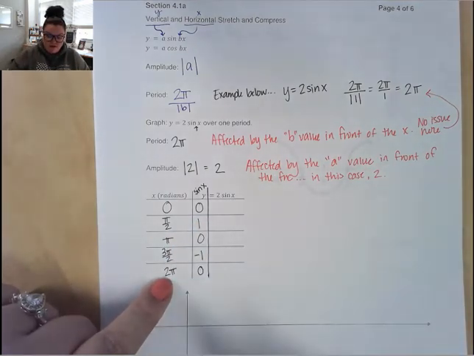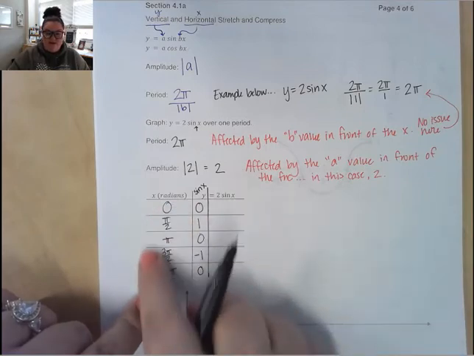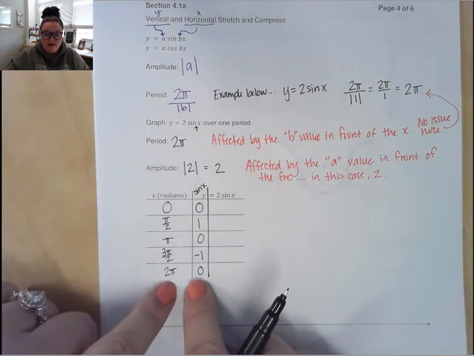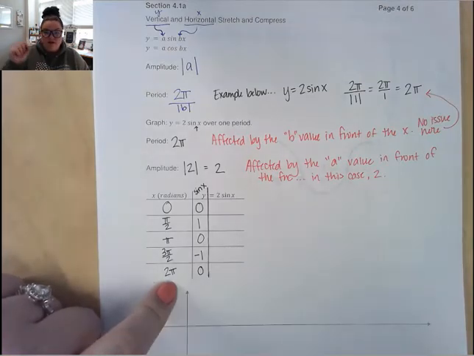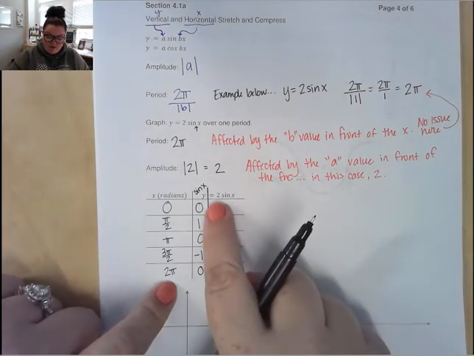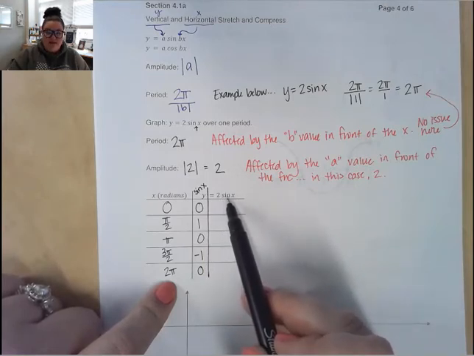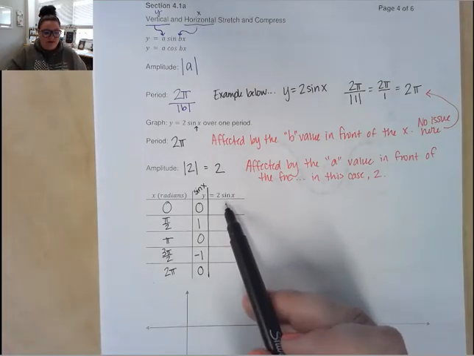So this is what we did on the previous pages, just coming up with that nice sine curve. But now notice the only thing that's happened is we have this 2 that's being multiplied by our sine x. Because it's outside the function, it affects the y's.